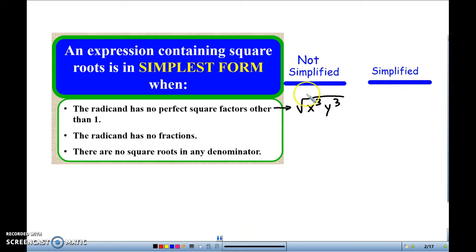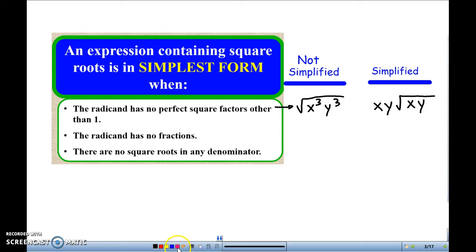For instance, this square root is not simplified. And you know that it's not simplified if you've got variables and the power is greater than 1. If the power of the variables is greater than 1, say 2, 3, 4, 5, 6, 7, it is not simplified. This is simplified form. I took this same one, the square root of x to the third, y to the third, and I wrote it out in expanded form, x times x times x, y times y times y.